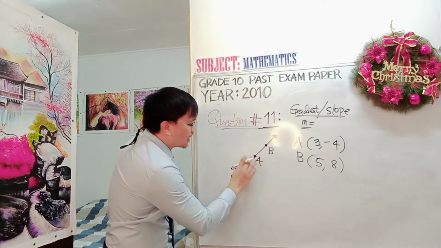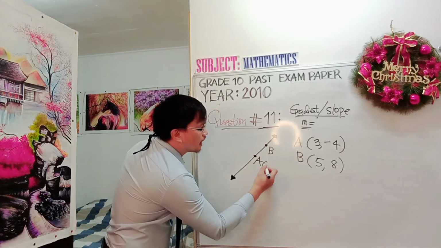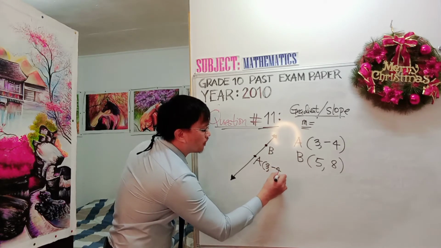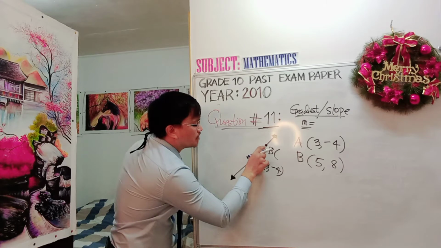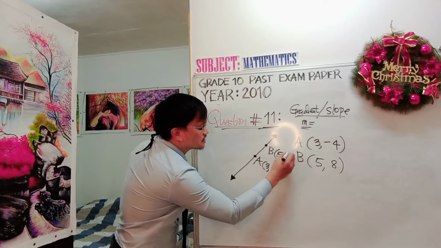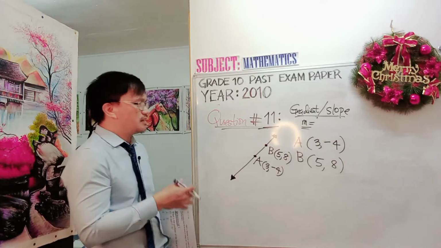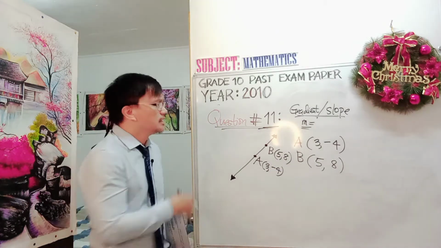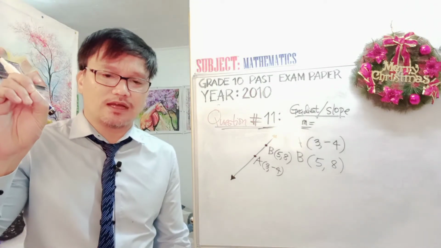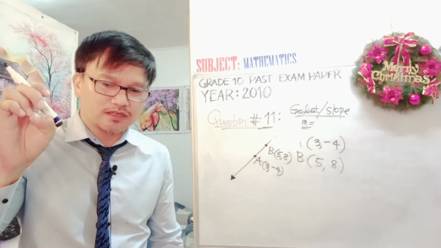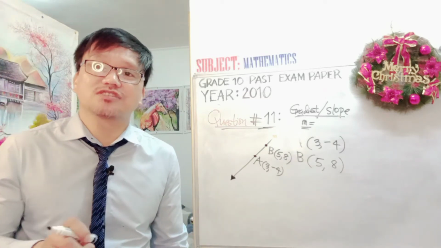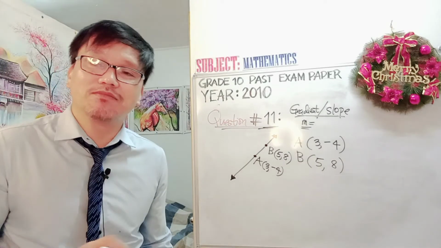Point A has x coordinate 3 and y coordinate -4, and point B on the same line has x coordinate 5 and y coordinate 8. You might notice that I am repeating. It's okay, because in mathematics you have to do it carefully and consistently, so that you will secure a correct answer and not waste your time in the national exam.